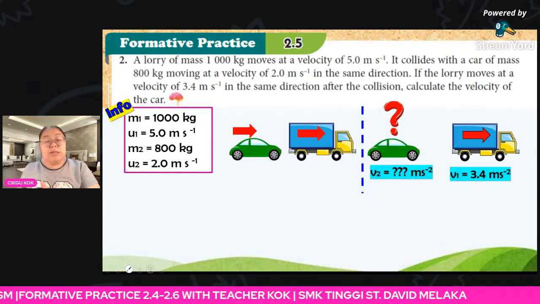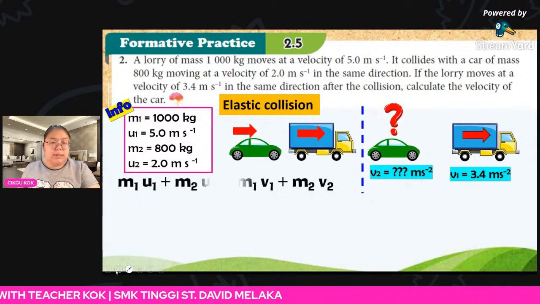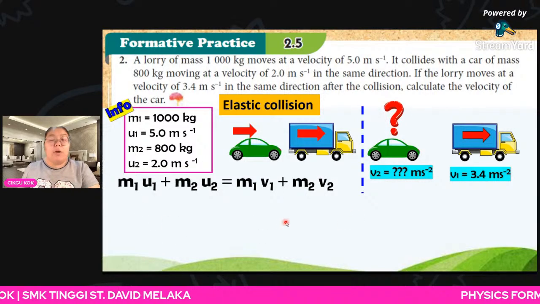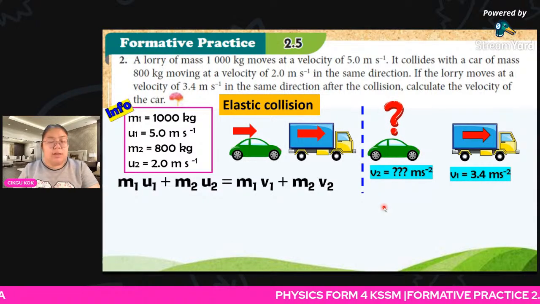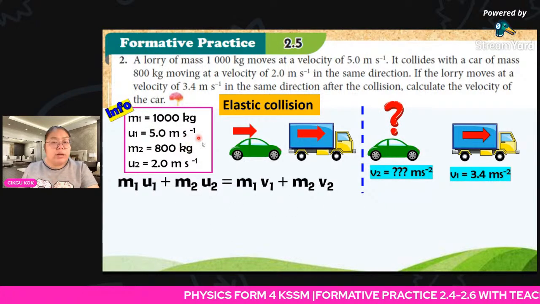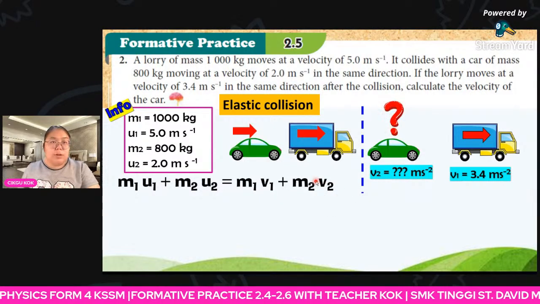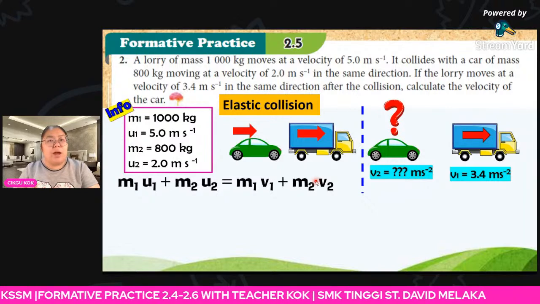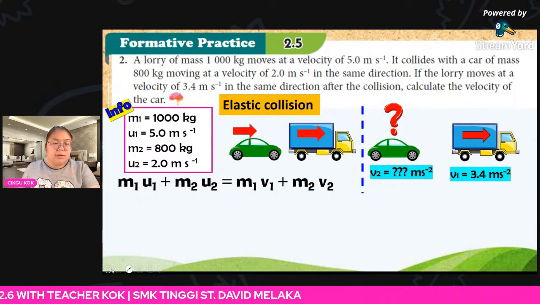So we're just using the principle of conservation of momentum for elastic collision; this one is the formula. We just apply all the info, then find V2. Divesh gave me the answer 4 ms^-1, so we're going to check whether the answer is correct or not.